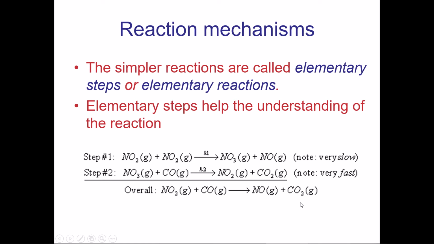So just looking at the balanced overall reaction, we would have no idea that this is a 2-step mechanism. But from the mechanism, we can get an idea about which step is very slow, which step is very fast, and what type of intermediates have to be made.